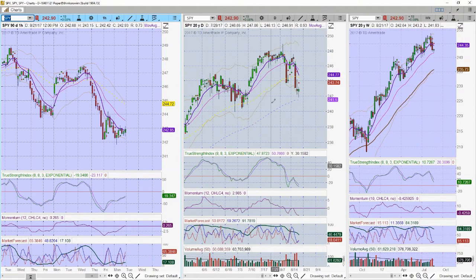Well, here's what I was talking about. The market has changed its character. We got a nice little pullback into the 50 a few weeks ago, beginning of June.